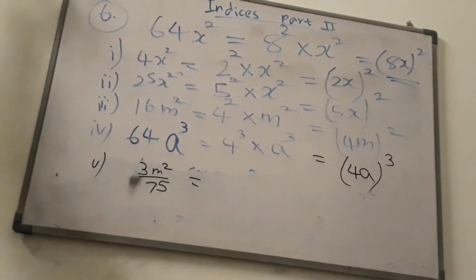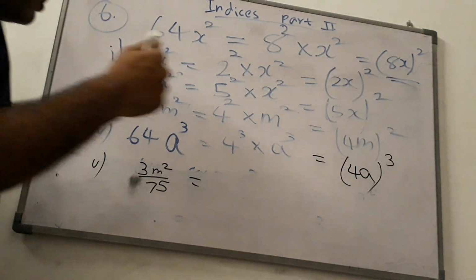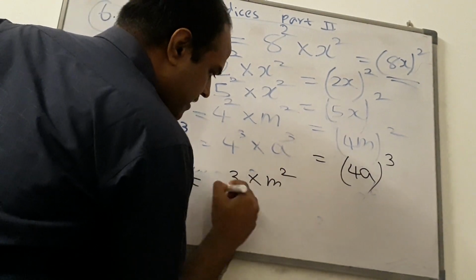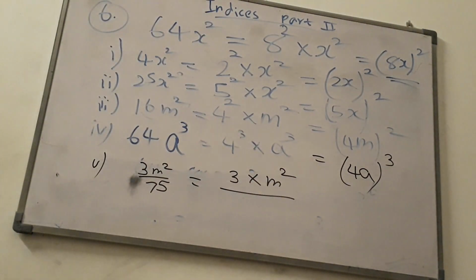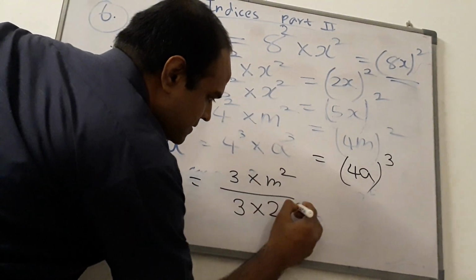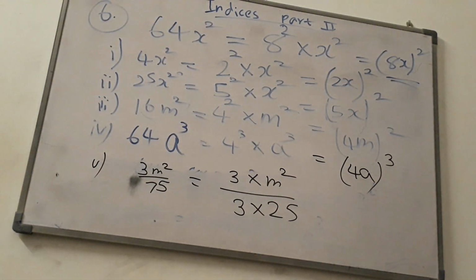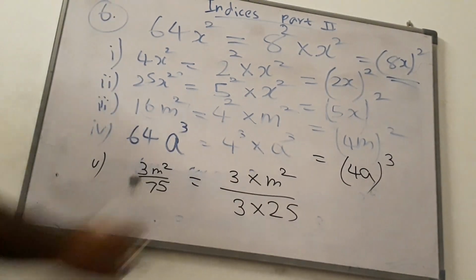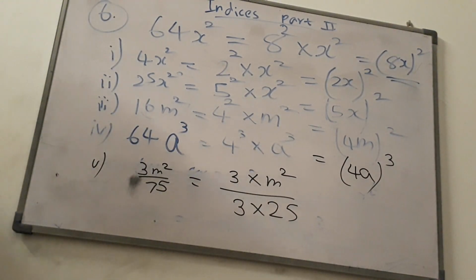I am going to write 3m squared as 3 times m squared, and 75 can be written as 3 times 25, where 3 is the common factor of both 3m squared and 75.